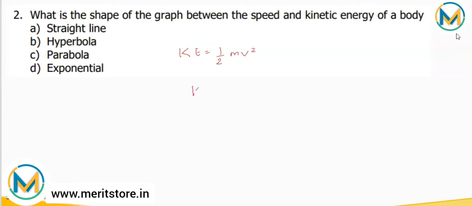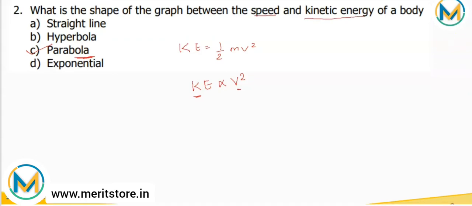That means kinetic energy is directly proportional to velocity square. It means the graph between the speed, that is velocity, and kinetic energy will be parabolic in nature. So the correct answer among the given options is parabola, and the graph obtained between speed and kinetic energy of a body attains the shape of a parabola.